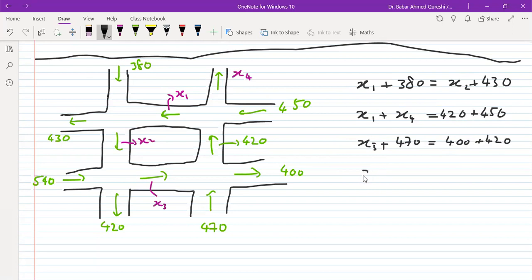And over here, x2 is going in and 540 is going in, which must be equal to x3 plus 420.